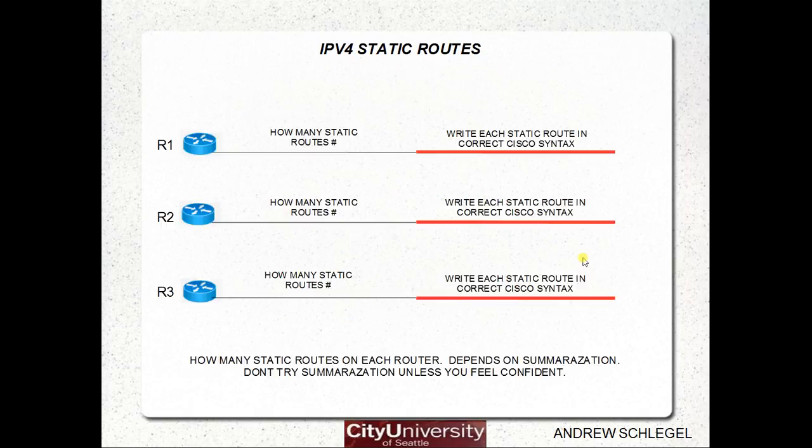What you've got to do is, for R1, determine how many static routes you need, and how many you need for R2 and for R3. So write down how many, 5, 4, whatever it is that you need, such that you're getting full connectivity. And then after that, write each static route in the correct Cisco syntax.